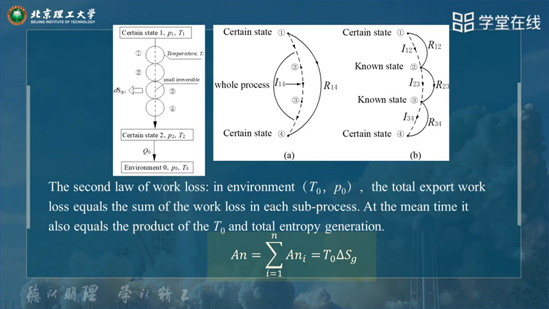Just as AN equals sigma ANI from I from 1 to N also equals T0 times ΔSg. Here T0 is the environment temperature. ΔSg is the entropy generation in the irreversible process.